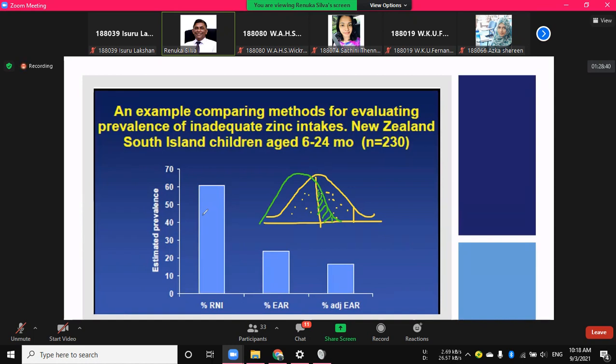So it has been shifted. This is not a very good population. That's what we can say. Ideally, 50% of the population should reach EAR. If not, it's like this. Many people are not getting EAR.